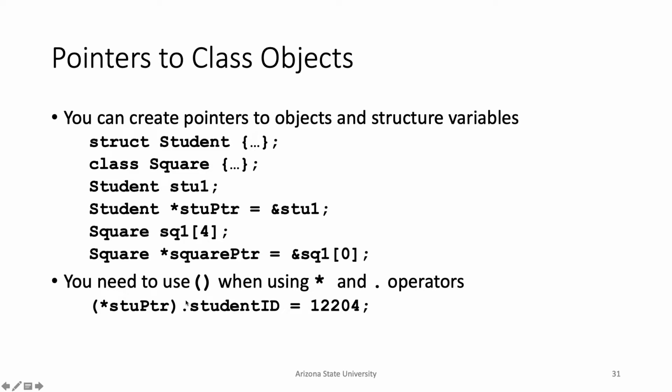But if you want to actually do something with the value in the pointer, you need to do a dereference just like before, and then put parentheses around it because of the way that operators work. You need to put parentheses here if you're going to use a pointer with an object like this.